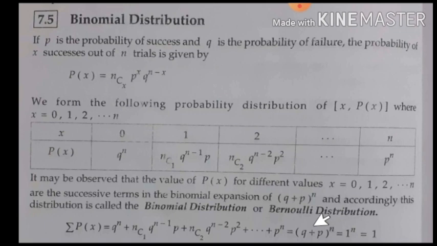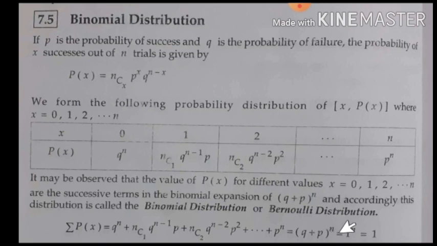And what we have taken as p and q: p is nothing but the probability of success. In other words, as you have studied in PUC, p is the probability of the happening event. q is the opposite of that, failure. Success's opposite is failure. So the opposite of the happening event is the non-happening event. And we know that the probability of the non-happening event plus the happening event is always equal to 1.